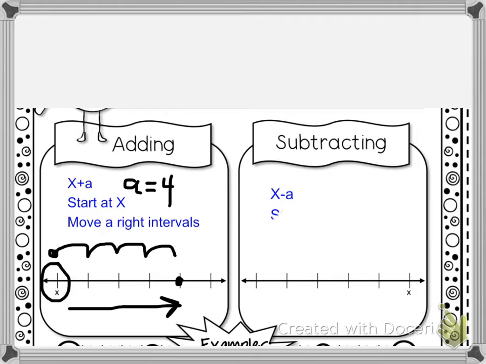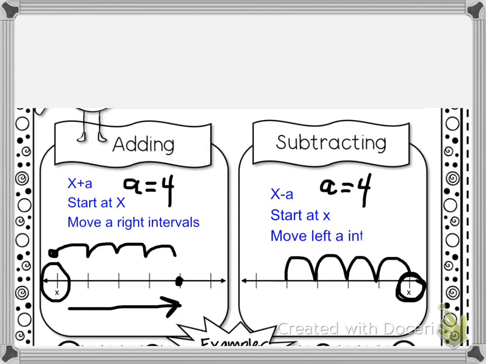So now let's look at subtracting. Once again, we're going to start with our first number. So the first thing I see is x, in this case, a letter. I'm subtracting a, so let's say again that a equals 4. So I'm going to move backwards, 1, 2, 3, 4.